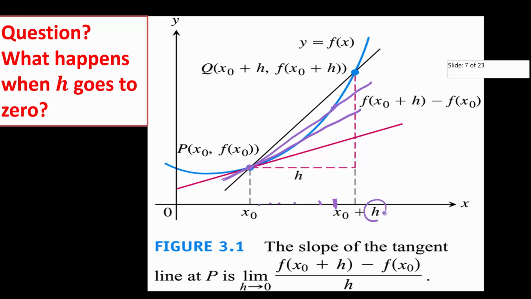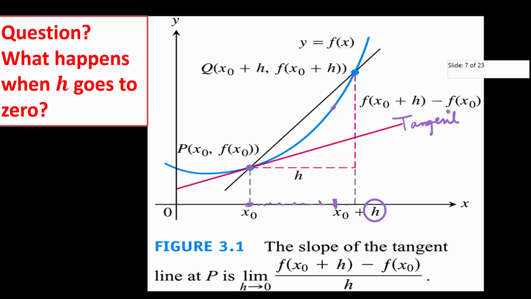If we keep on inching, what's going to happen is, as h approaches 0, this secant line would now become a tangent line. We say then that the slope of the tangent line at P would be the limit of this secant slope function. This is a slope function, and then you let h approach 0, because x sub 0 plus h is going to get closer and closer, until it reaches x sub 0.